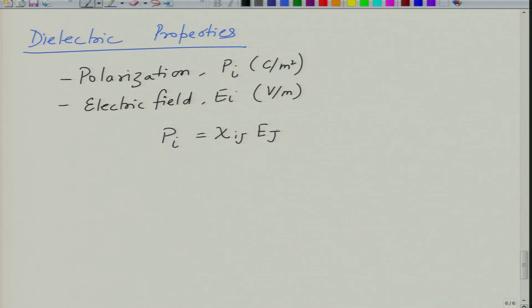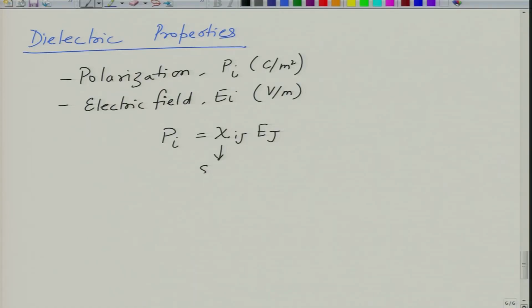Okay. So, this is basically the applied electric field vector Ej, and this is the polarization Pi. You apply the field in the j direction and you measure the polarization in the i direction, and this chi ij is known as the susceptibility tensor.